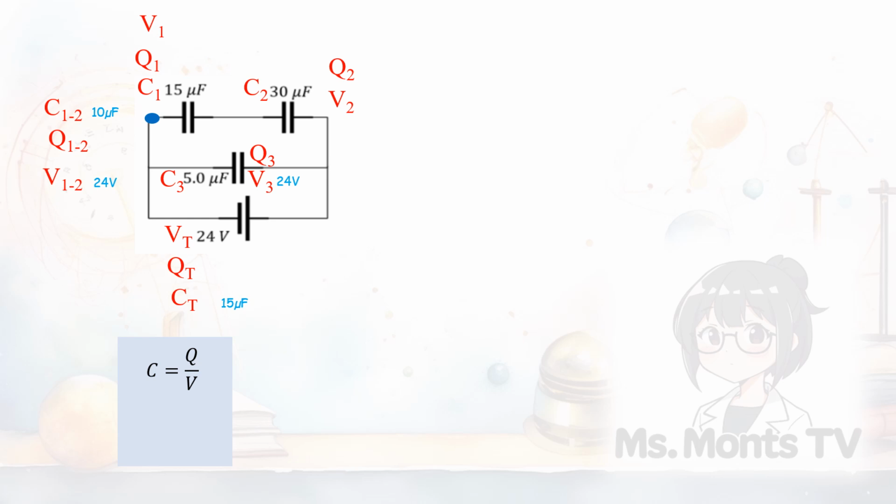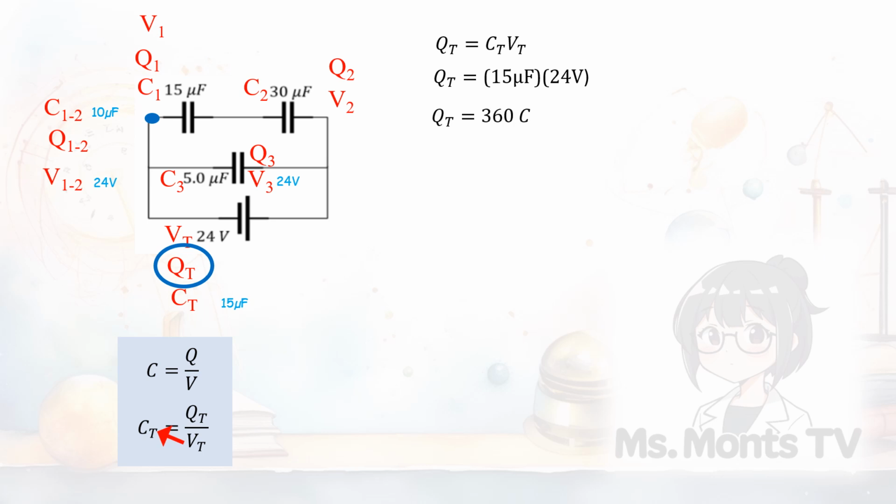But we want the charge. We don't want the capacitance, it's already given. So we want the charge, just cross multiply it. It will become Q total equals total capacitance times total voltage. So 15 microfarad times 24 volts, the total charge will be 360 coulomb.